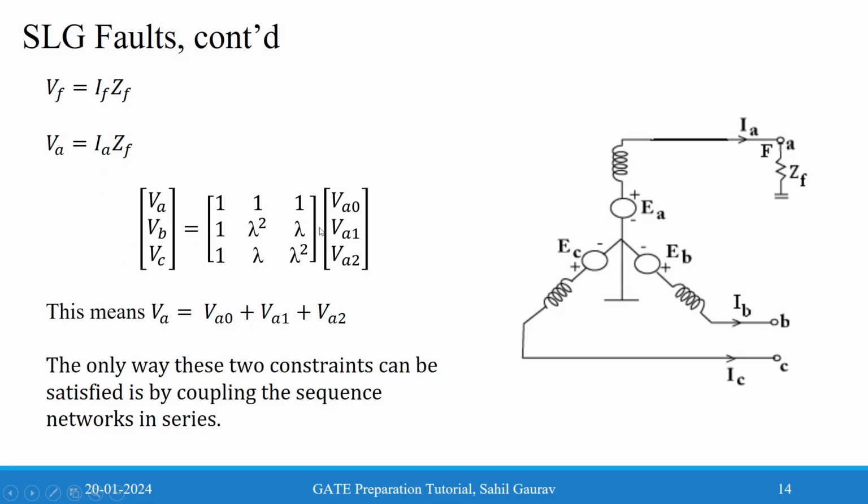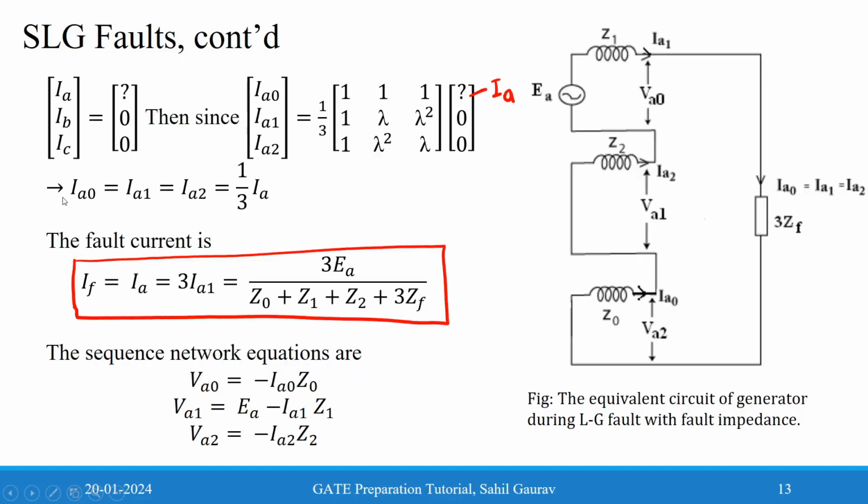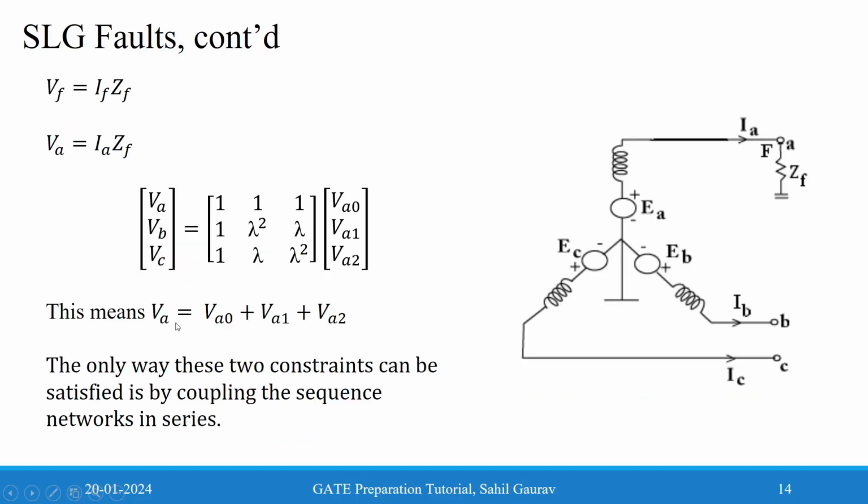If you put this in the symmetrical component equations, then VA is equal to VA0 plus VA1 plus VA2. So the only way these current equations are equal, and VA equals VA0 plus VA1 plus VA2 is satisfied, is by coupling the sequence networks in series.